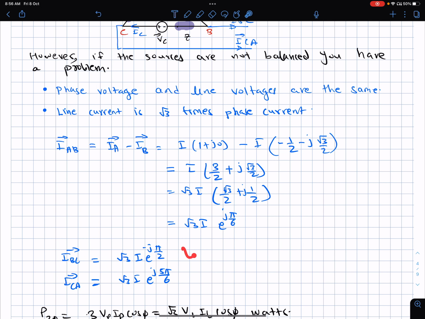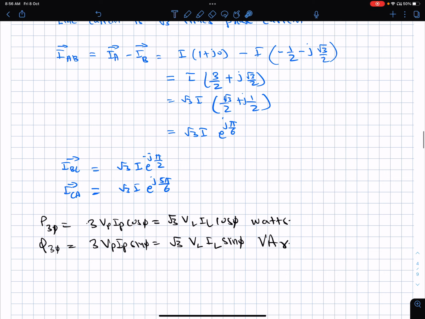Similarly, you can repeat the calculation for IB and IC, and now you see that the line current has become root 3 times, with the same rotation of phase angles of 30 degrees respectively. So the only thing is, line voltage and phase voltage are the same, but the line current is root 3 times the phase current.